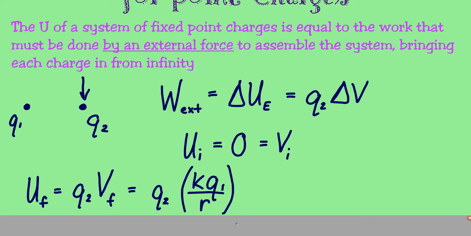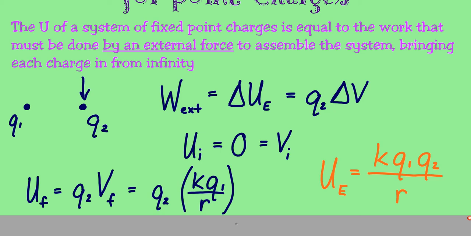And even though we used a general scenario here, this is an expression that we can always use for electric potential energy when we have point charges creating a field. That expression says that the electric potential energy at a given point, instead of saying U F now, I'm going to say U sub E, is K Q1 Q2 over R. You'll notice this expression is pretty similar to the expression for electric force.